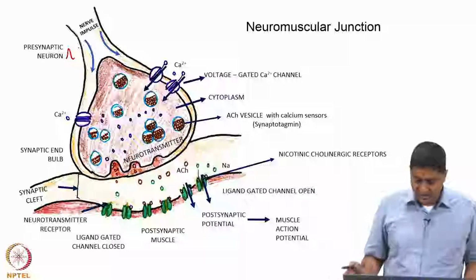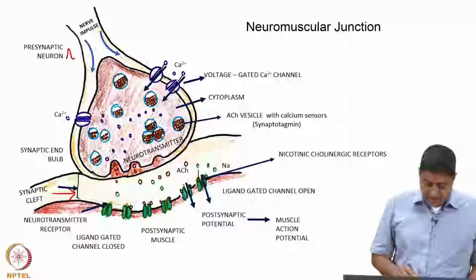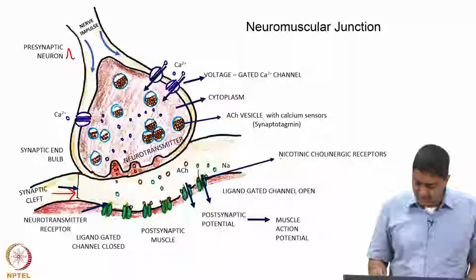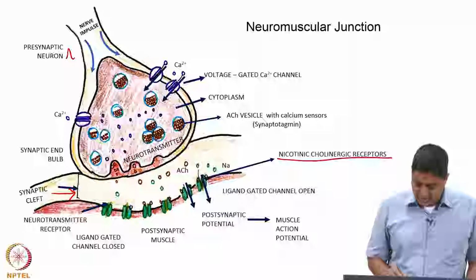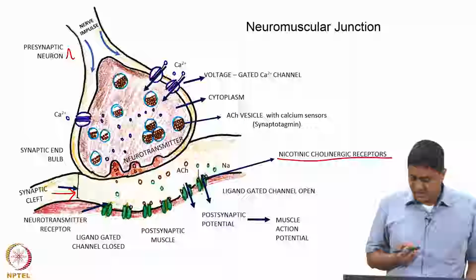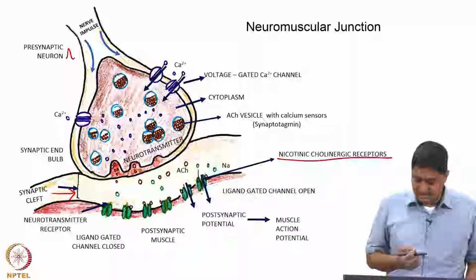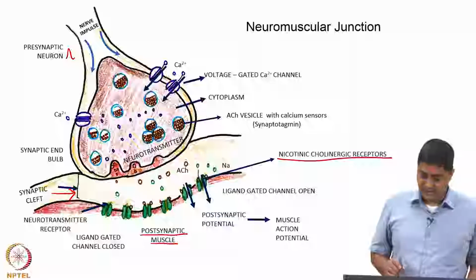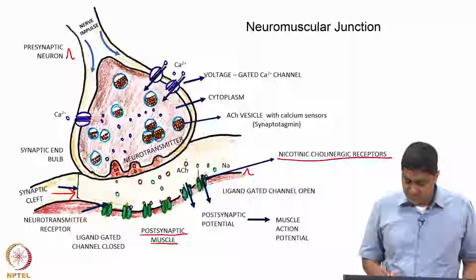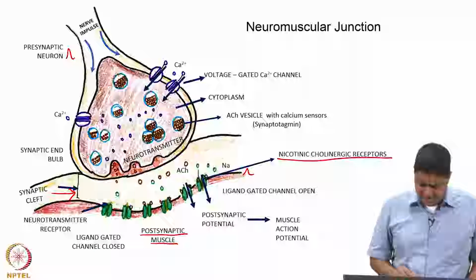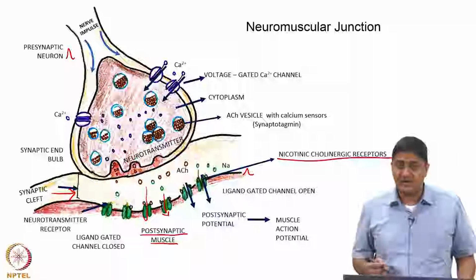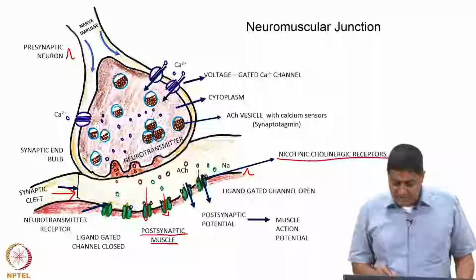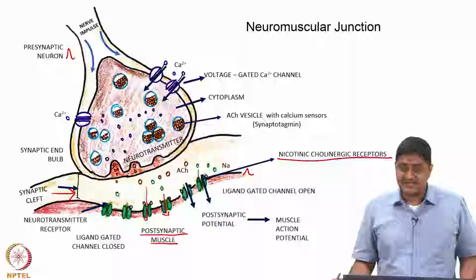Whenever acetylcholine is released into the synaptic cleft, it attaches to the nicotinic cholinergic receptors, which open, and a lot of sodium enters the postsynaptic cell, which is the muscle cell. An action potential is produced on the muscle side because of the large amount of sodium entering, which is itself caused by acetylcholine binding to the nicotinic cholinergic receptors. So, an action potential is caused on the muscle cell.